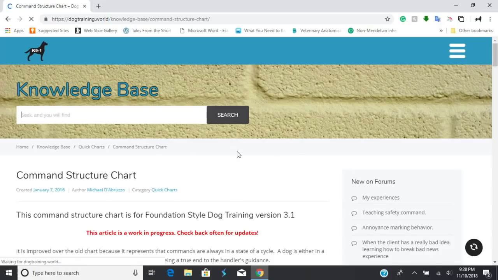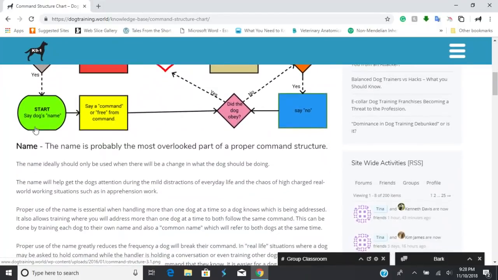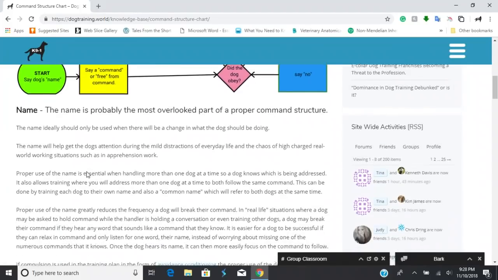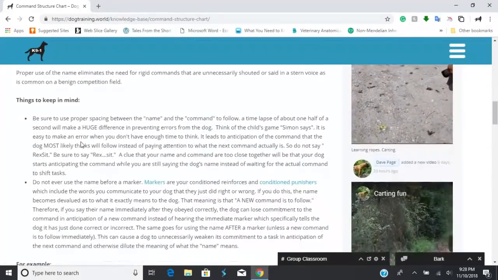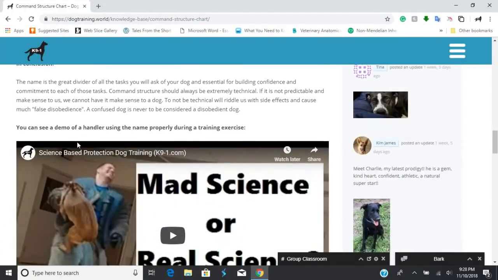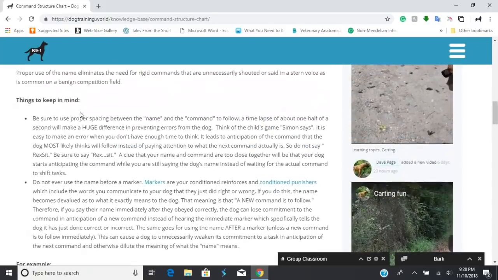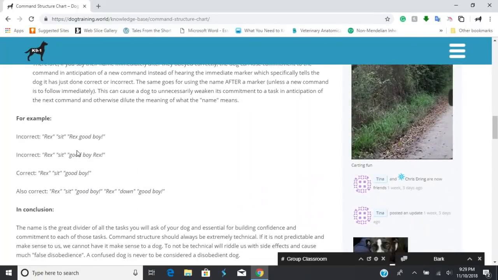This is incomplete, something in progress. I want to finish it. I focus on the name. All of this is dedicated to the name, how important it is. It talks about command structure, but command structure is a big topic.